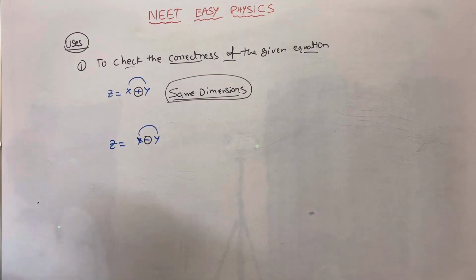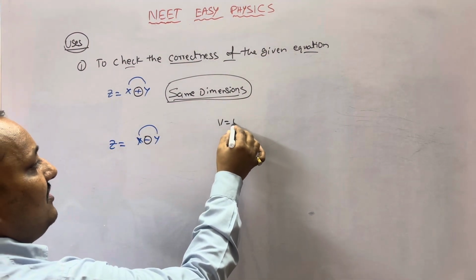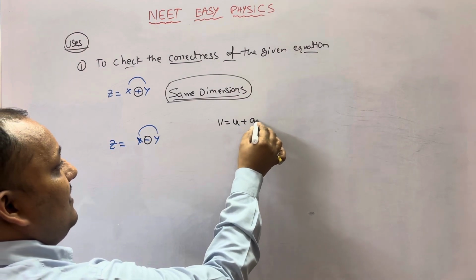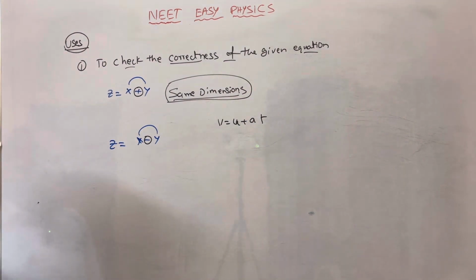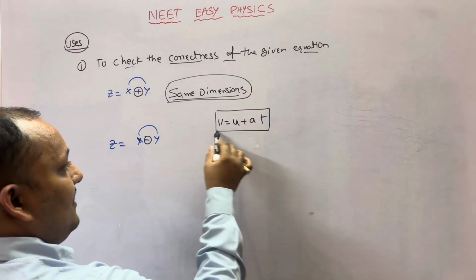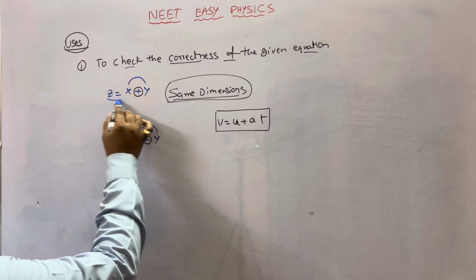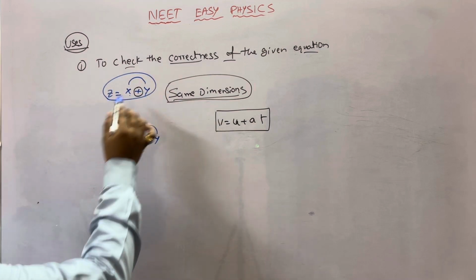So what is the example for this? Everyone knows this formula: V is equal to U plus AT. Now follow this rule. What is the homogeneity principle saying? Same dimensions can be added.